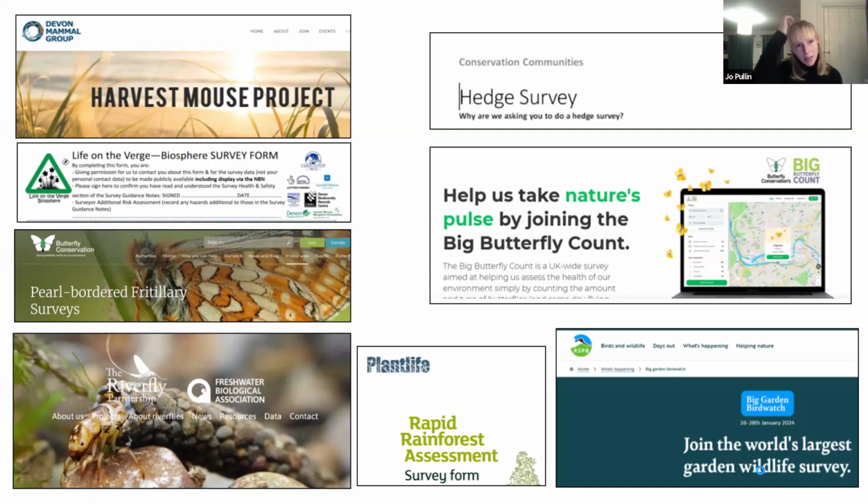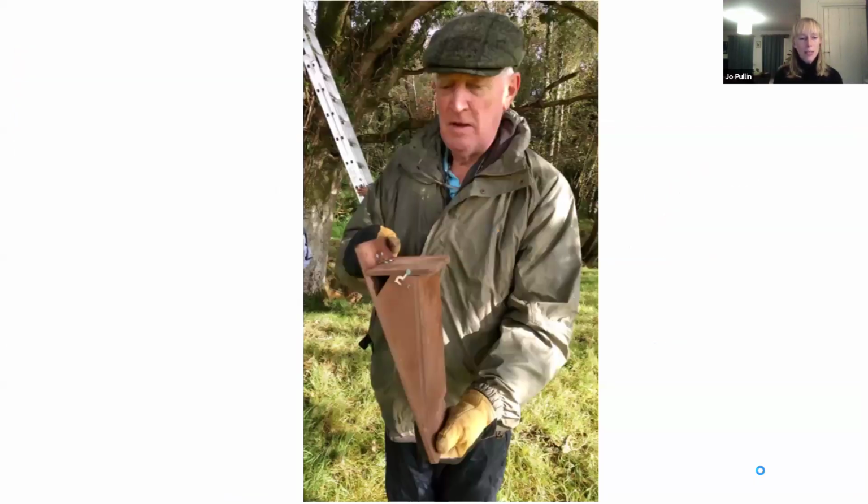And then the other types of surveys that we've done are things that have been useful for us. So we talked earlier about baseline information, and one of the things we find really useful in Hatherley was to get some baseline data.